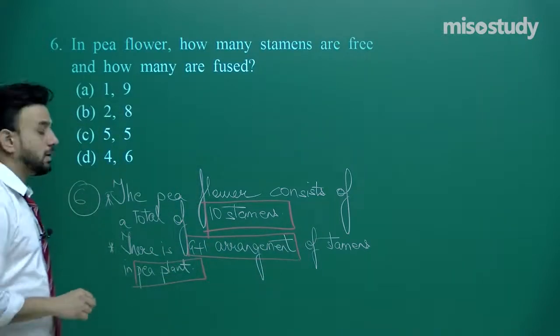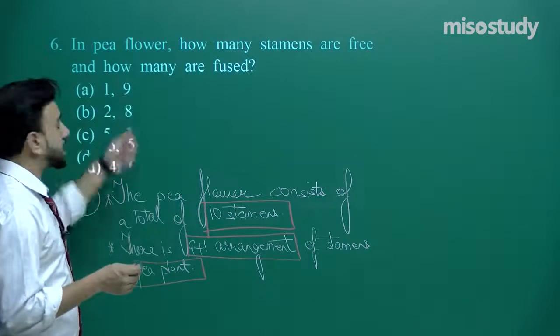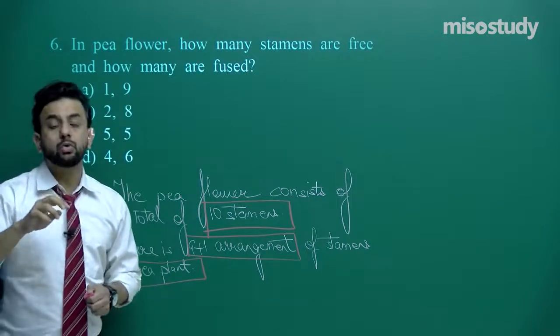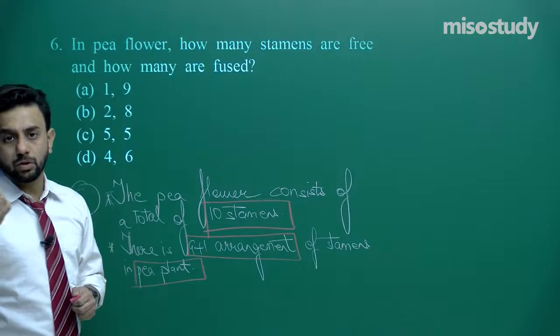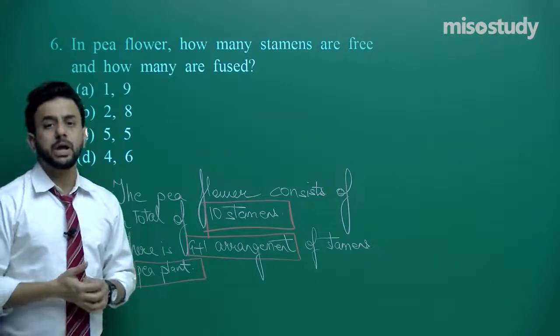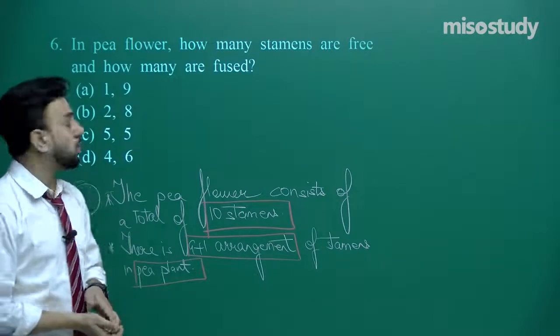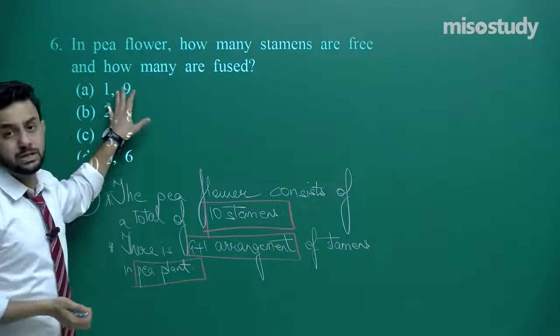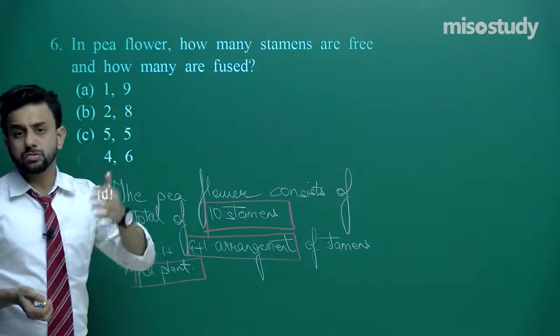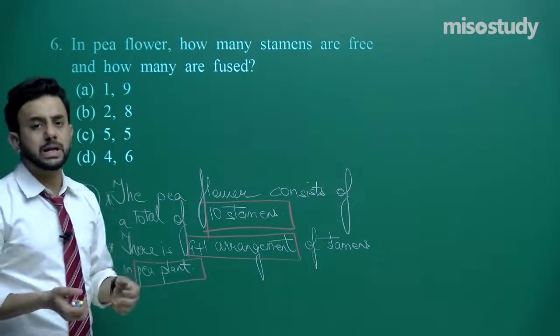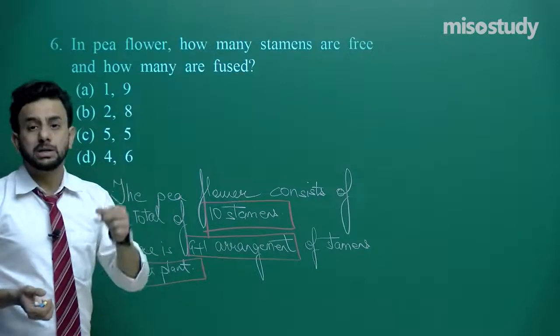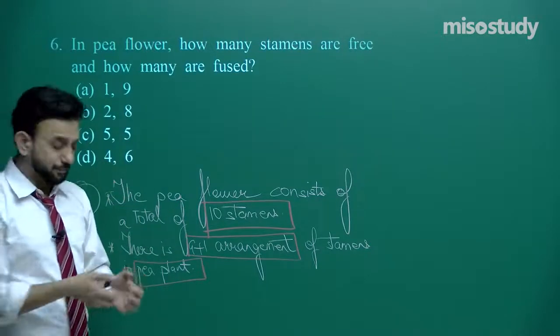The filaments of these 9 stamens join through most of their length to form a staminal tube that will be surrounding the ovary.